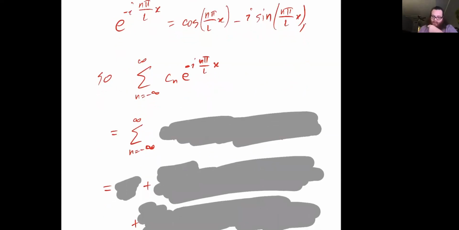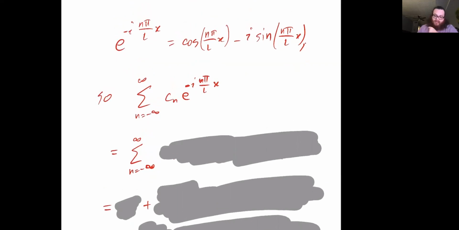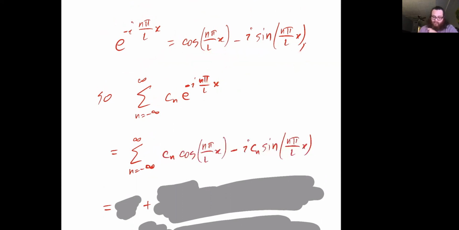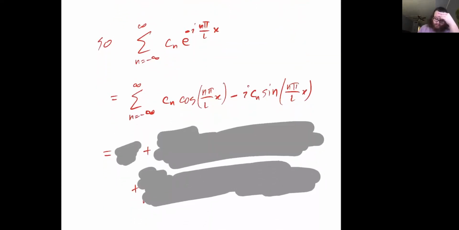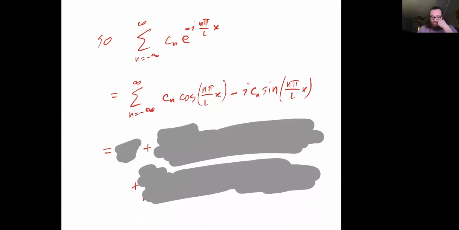If we plug in this for that, we get this piece, just distributing the C sub n. Now we're going to break up the sum into three pieces: the piece for n equals 0, the piece for n positive, and the piece for n negative.